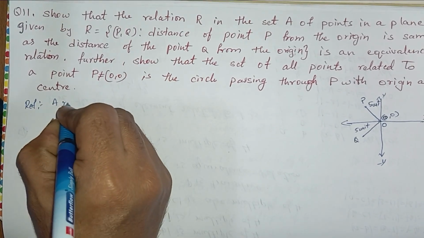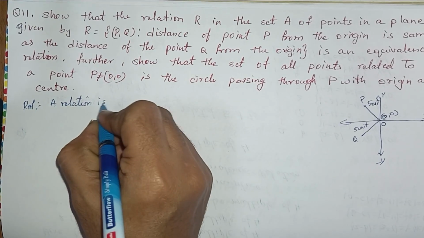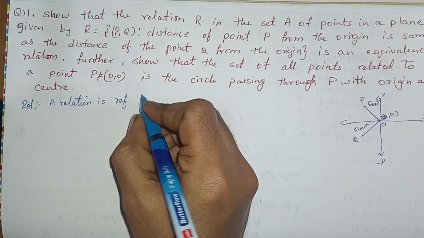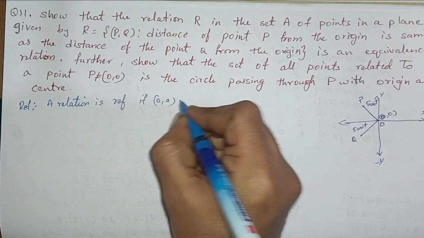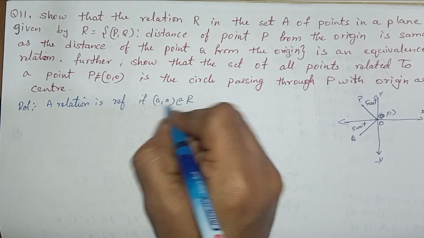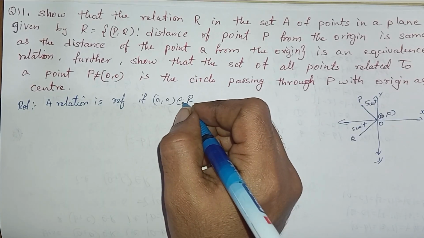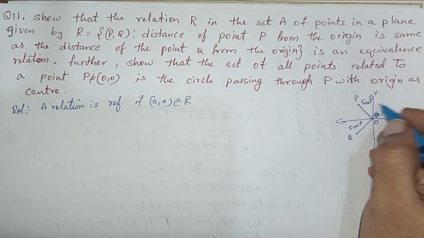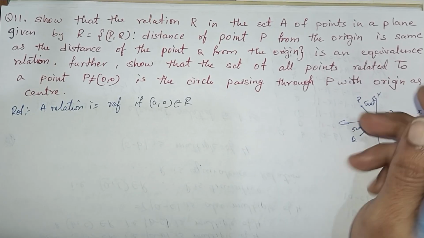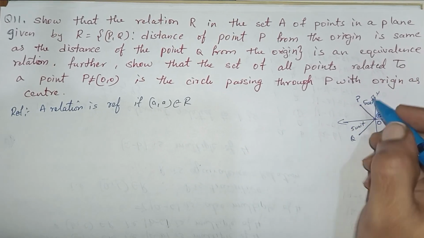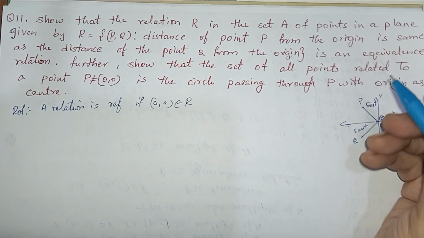A relation is reflexive if (a, a) belongs to R for all values of a. So here, if I take P to O as 5 units, and I take the same line again twice, then the line is equal to itself.